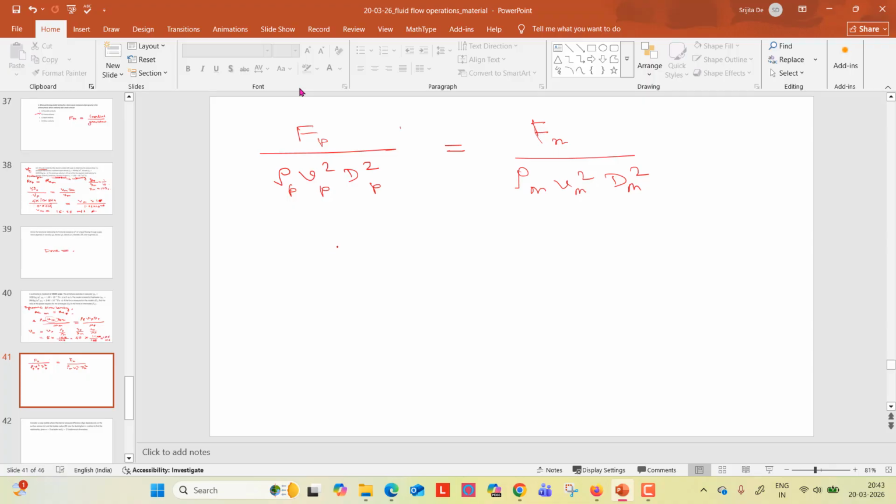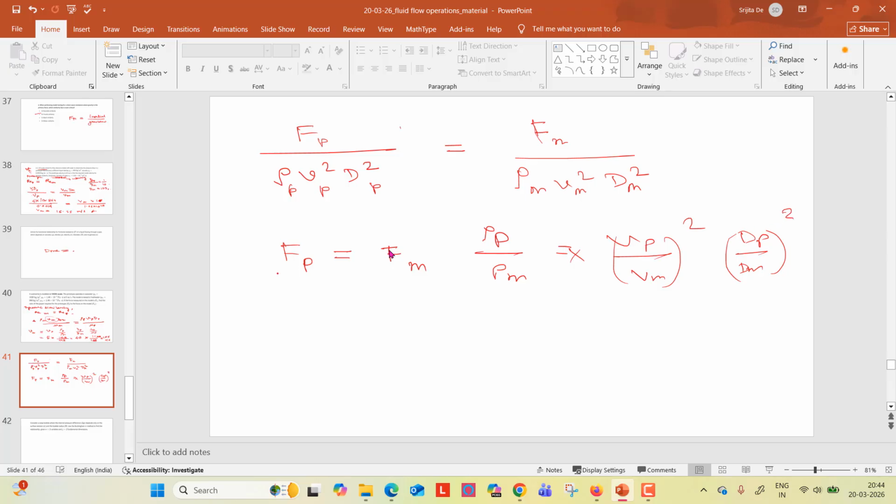So this Fp will be Fm, we don't need to calculate Fm, into rho p by rho m into Vp by Vm whole square and dp by dm whole square. Okay, this is your Fp.